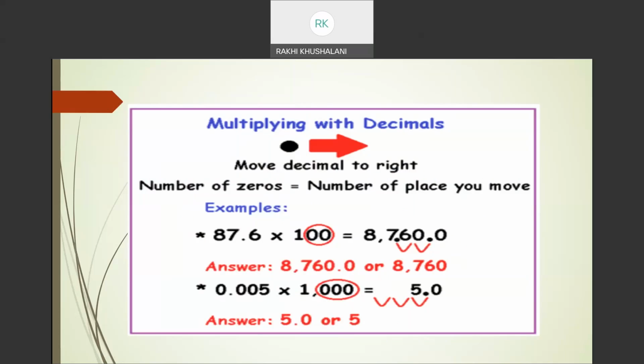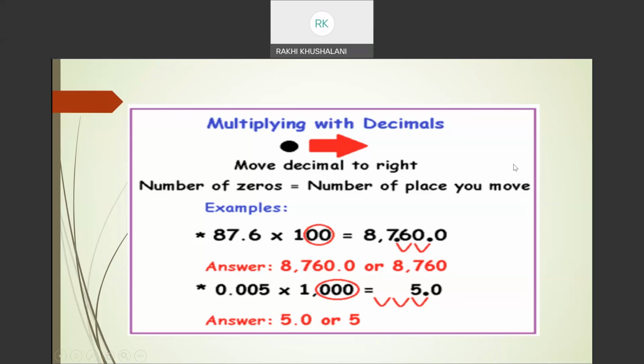So 87.6 is going to become 8,760, because you are going to move two decimal places towards the right.